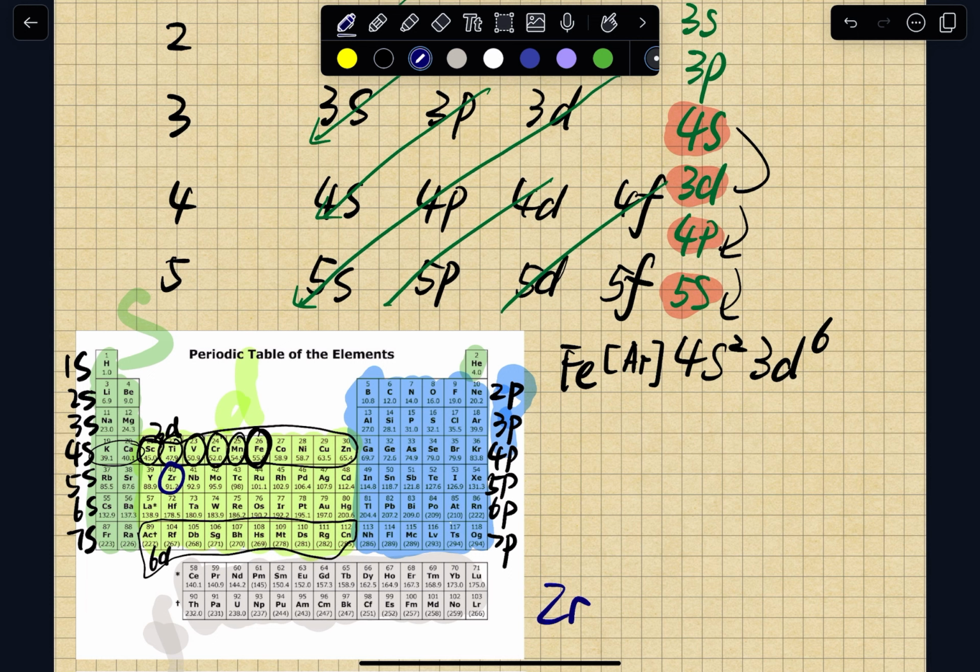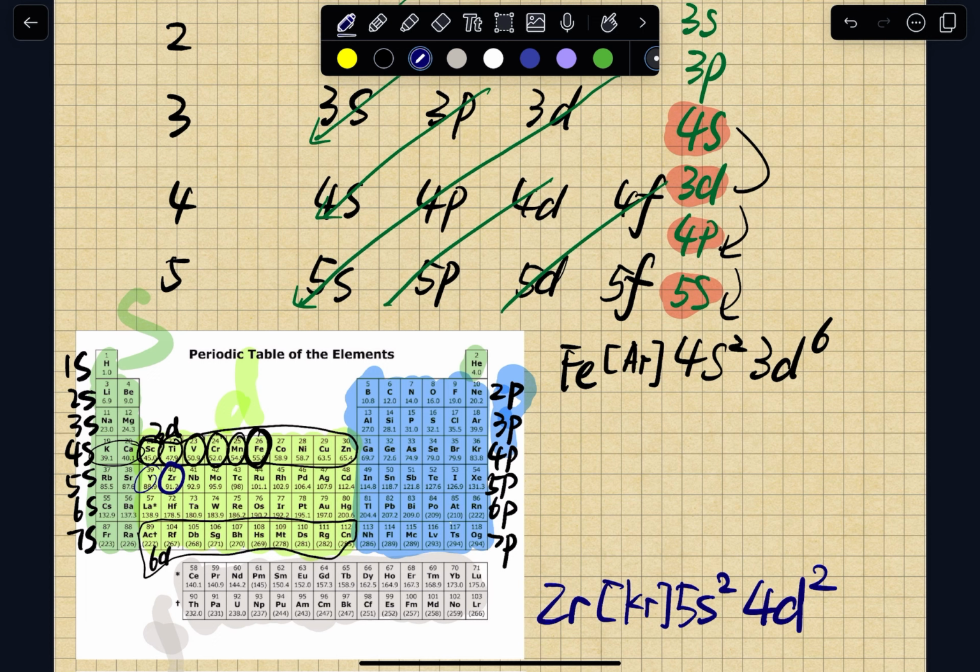Now let's find the noble gas before Zr. The noble gas before Zr is Kr. And then after Kr, we see 5s, right? 2 elements. And then we come to the 4d. If you count the D block, 1 and 2, Zr is the second one. So there you go. You have the electron configurations.